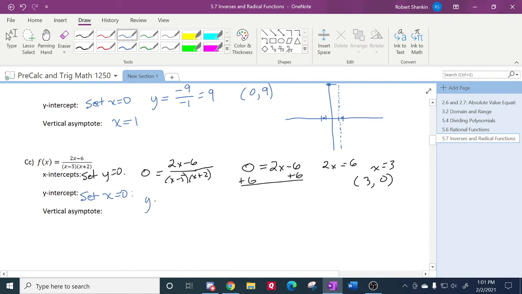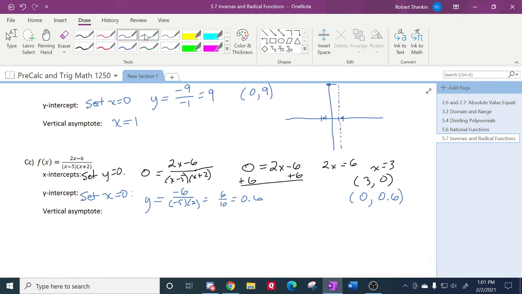And then the y, or the f of x, will be, all you'll get is negative 6 on the top, and negative 5 times positive 2 on the bottom. So it's the same as 6/10 or 0.6. So the y-intercept is, the x is 0, and the y is 0.6.